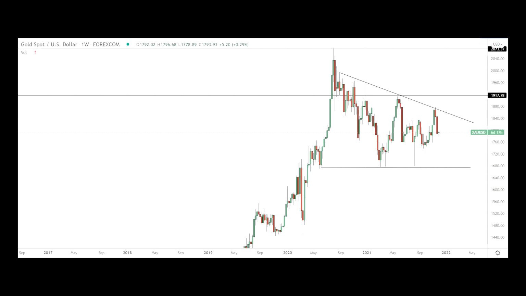But at this point, just looking at the patterns, it's consolidating right now. There's a big likelihood based on just the pattern here that it's more likely to hit that 1676 rather than reach 1913 or higher at the 2073 mark.